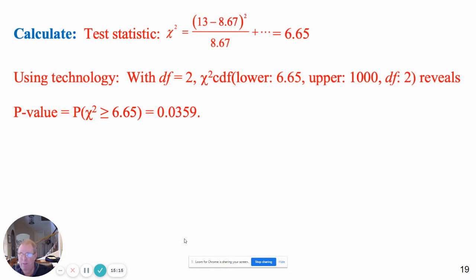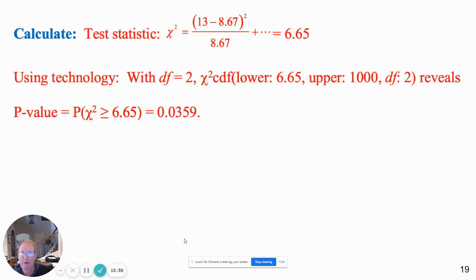Now I want to write a little bit about how I got this number. So I did it with technology. And you could just basically write, with degrees of freedom 2, technology revealed a p-value of 0.0359, because that's frankly what you did. But if you want to get fancy, you're welcome to do so. You can use the chi-squared CDF function.